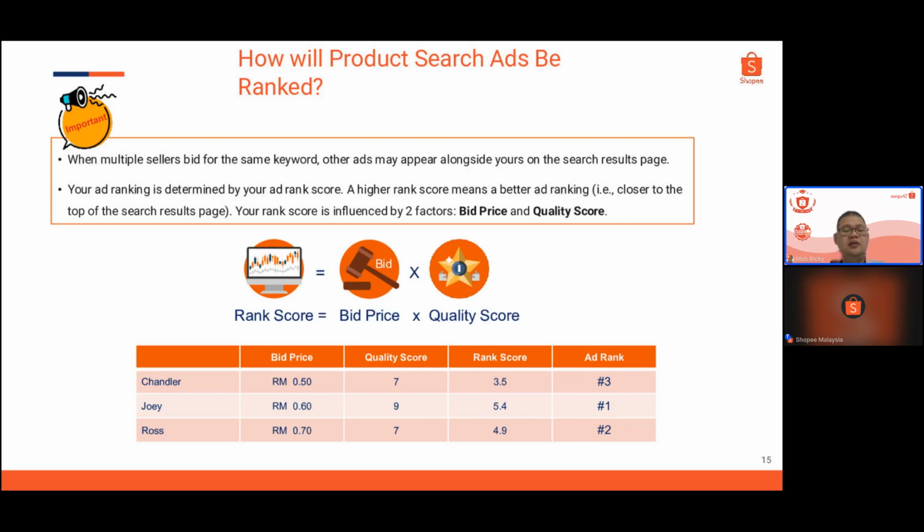Normally, another tip: to reduce the cost for the ads, what we can do is to maximize our quality score. How to maximize our quality score? Do you still remember?